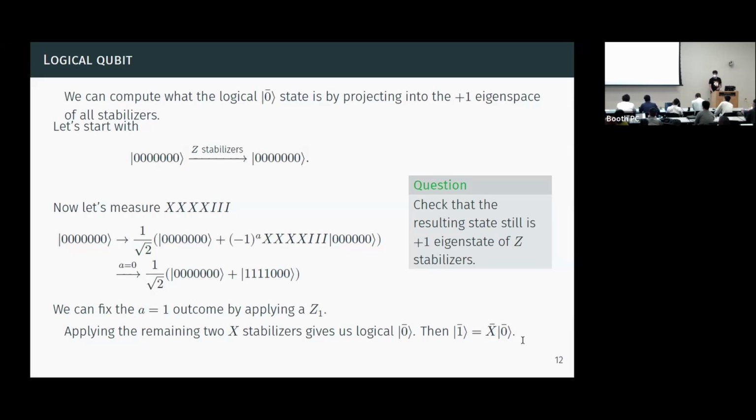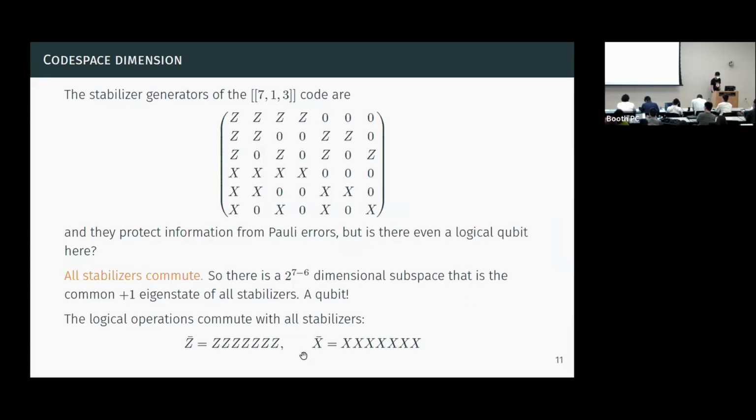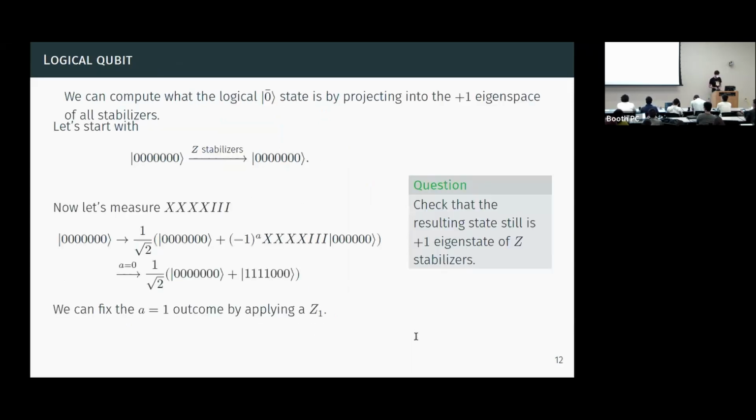Then we have our logical 1, which is just applying the logical bit flip to our logical zero state. I very briefly flashed what a logical bit flip is, and for this Steane code, it's just an all X string. So when we apply all X's, we go from the logical 0 to the logical 1. It's just like your regular Paulis, but you put a bar on top of it.